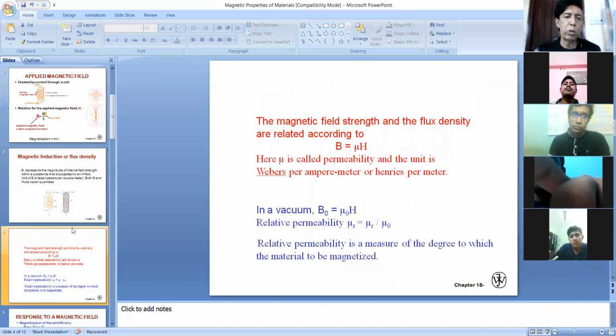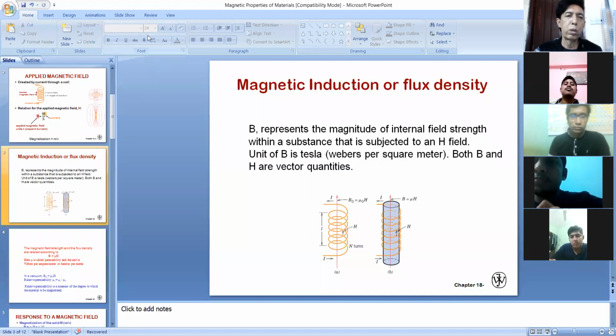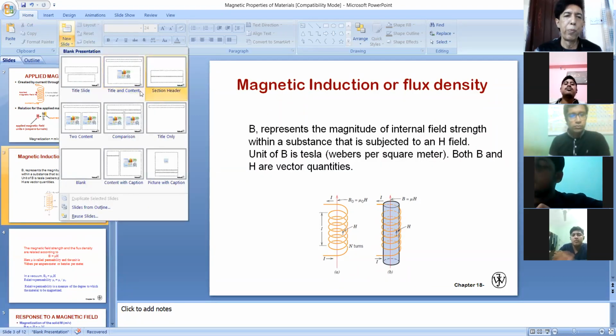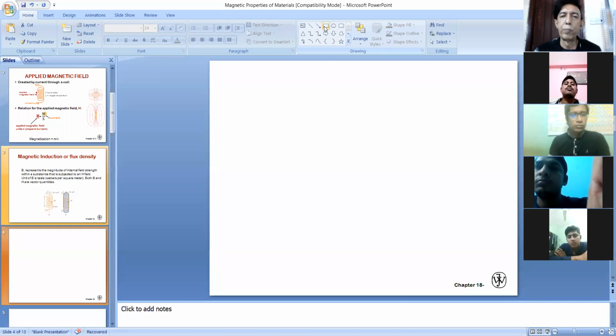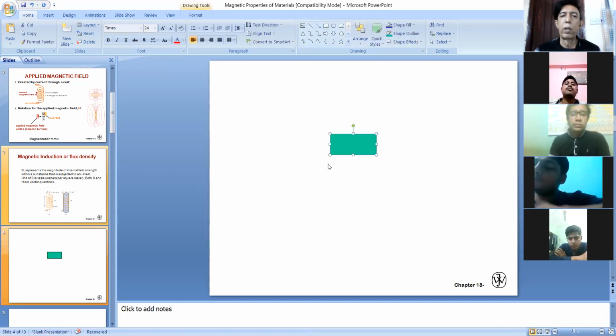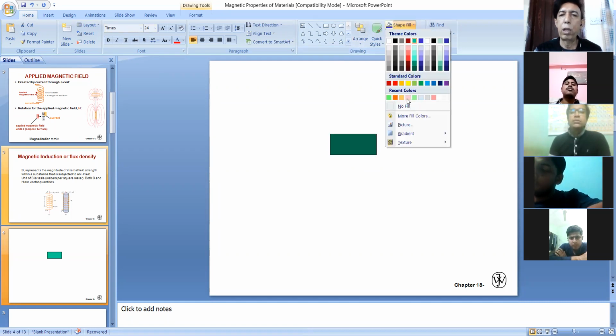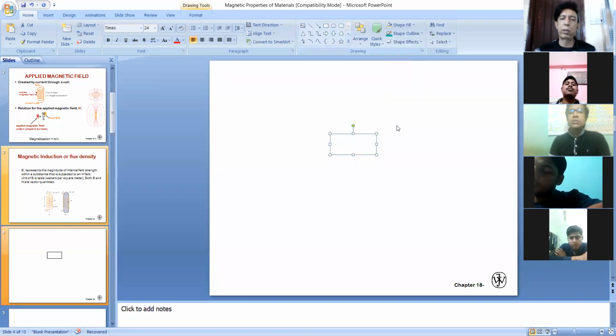Let us suppose we draw a magnet. Say, for example, this is a magnet.